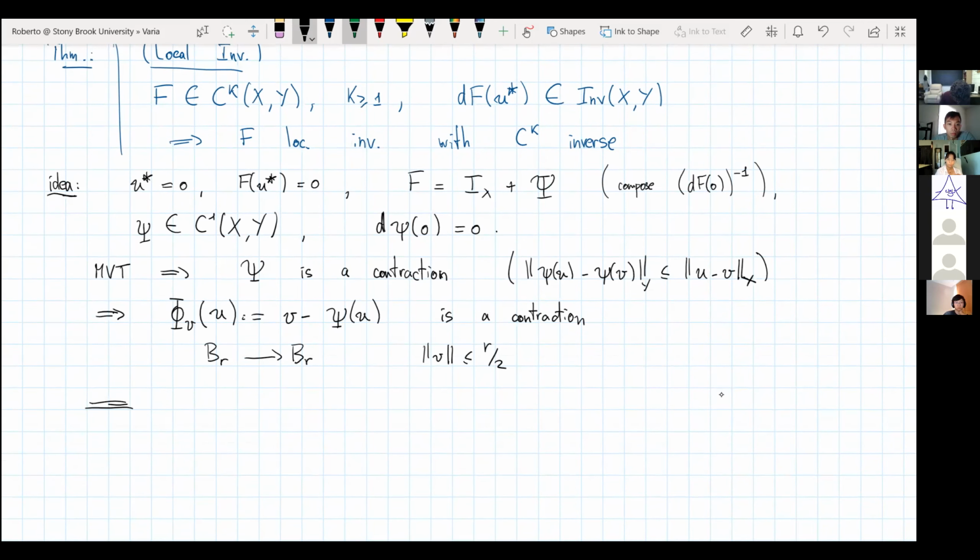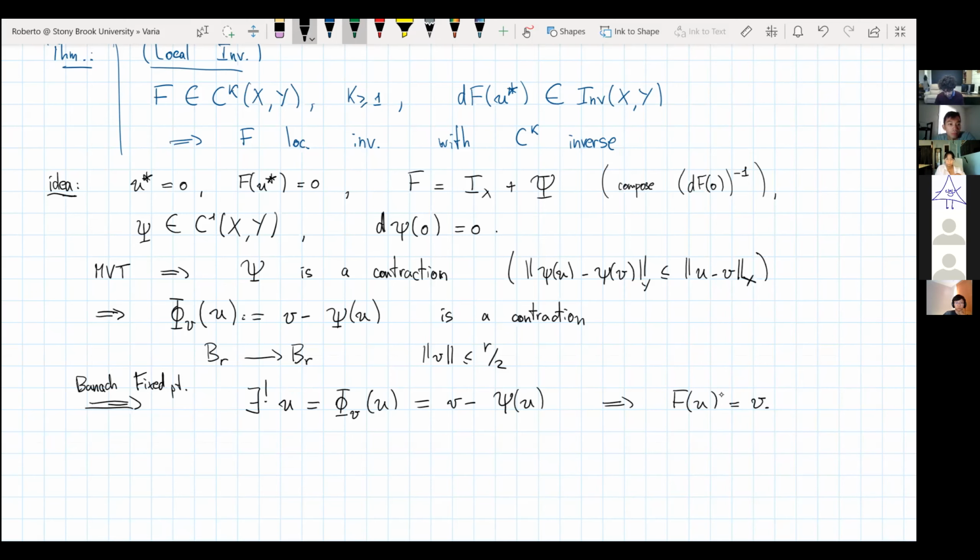And now, by Banach fixed point theorem, we have a unique fixed point of this phi V of U. So there exists a unique U such that U is equal to phi V of U. Phi V of U is V minus psi of U. So that means that F of U is V. So U solves F equals V. So it inverts.